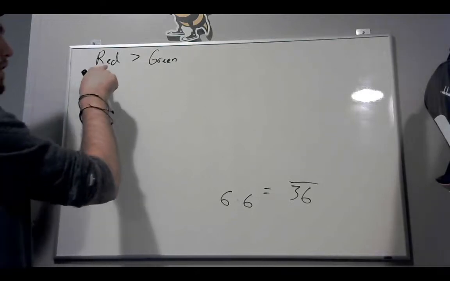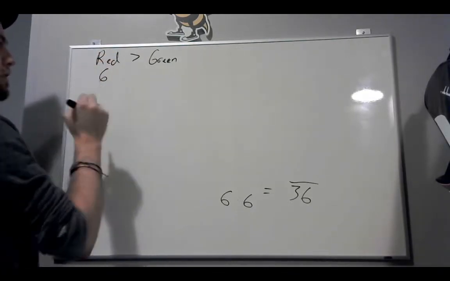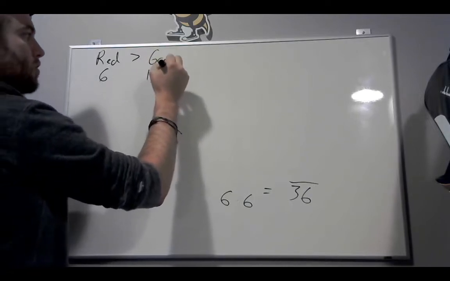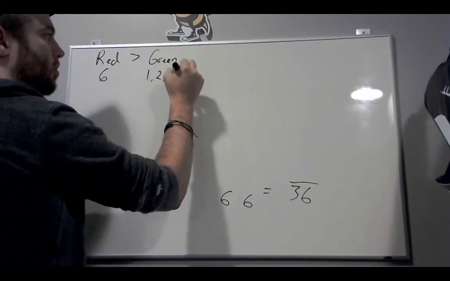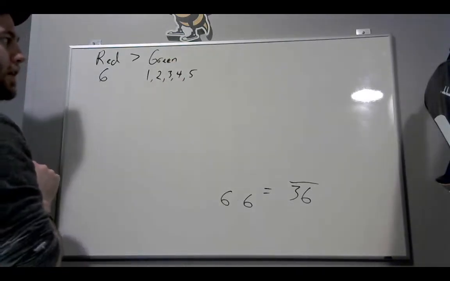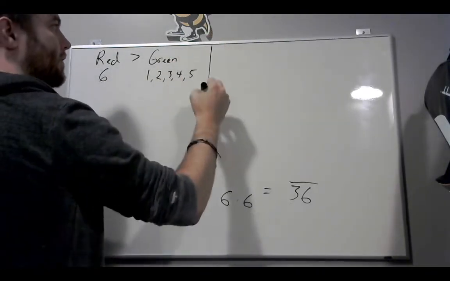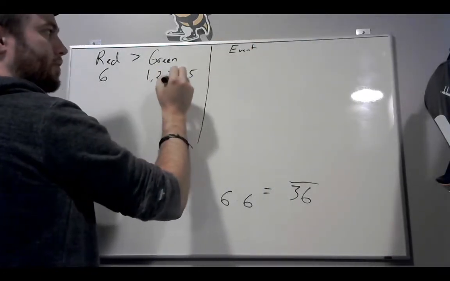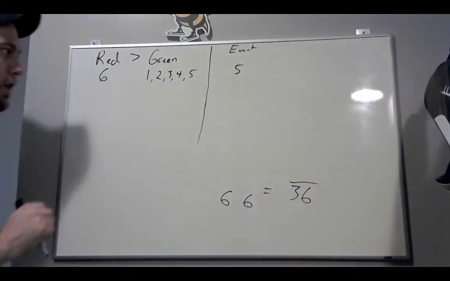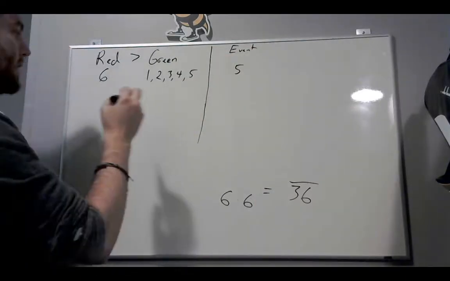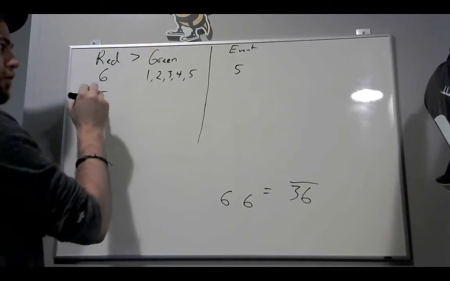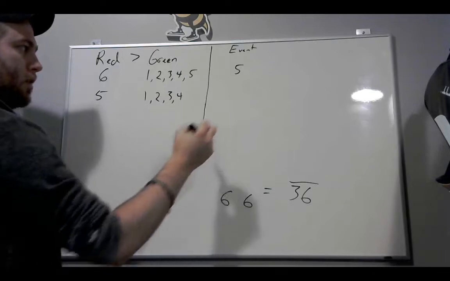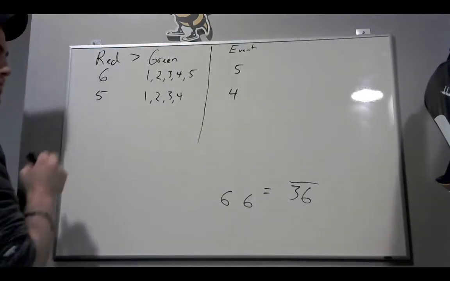So let's start off with red being 6. So if red was 6, that means we can have the numbers 1, 2, 3, 4, and 5 for our green die. So that means out of here, our event being true, I have 1, 2, 3, 4, 5 different outcomes if red was 6. So then we need to check if red was 5. So if red was 5, then green can be 1, 2, 3, and 4. So that means there are 4 different ways.